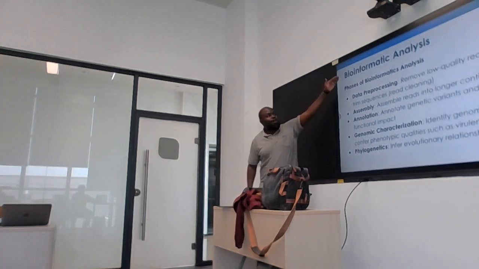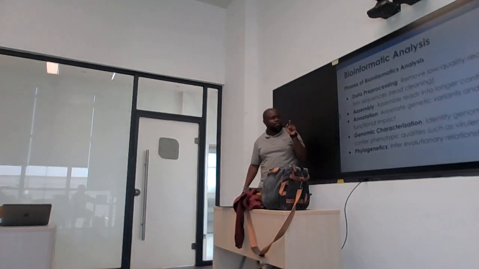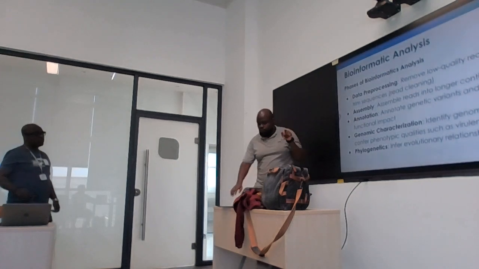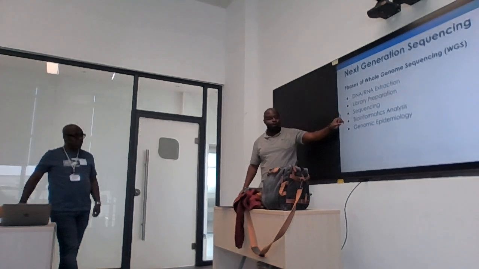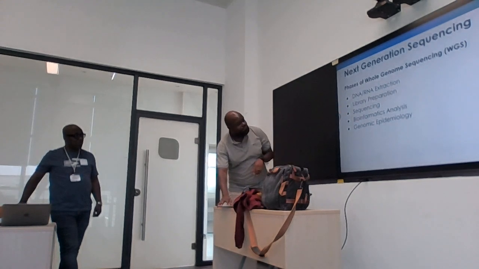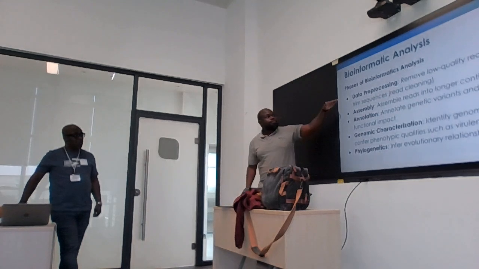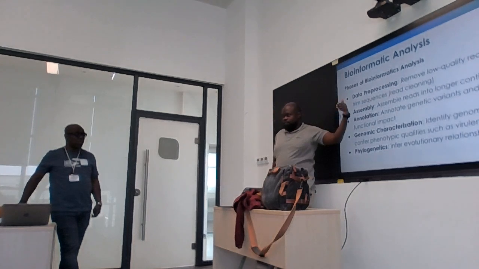Now, we also want to think about the steps in bioinformatic analysis. So, we've looked through these steps. Now we want to go here. So, in the bioinformatic analysis, we have what we call data pre-processing.